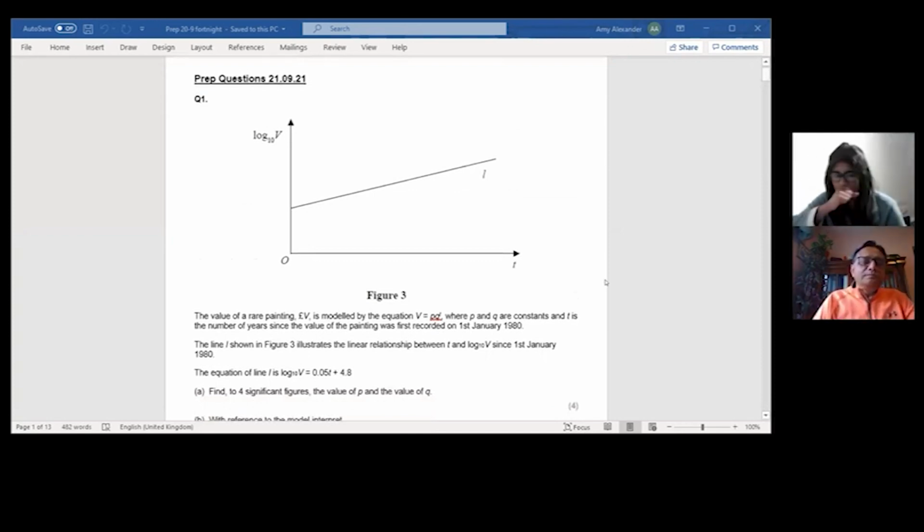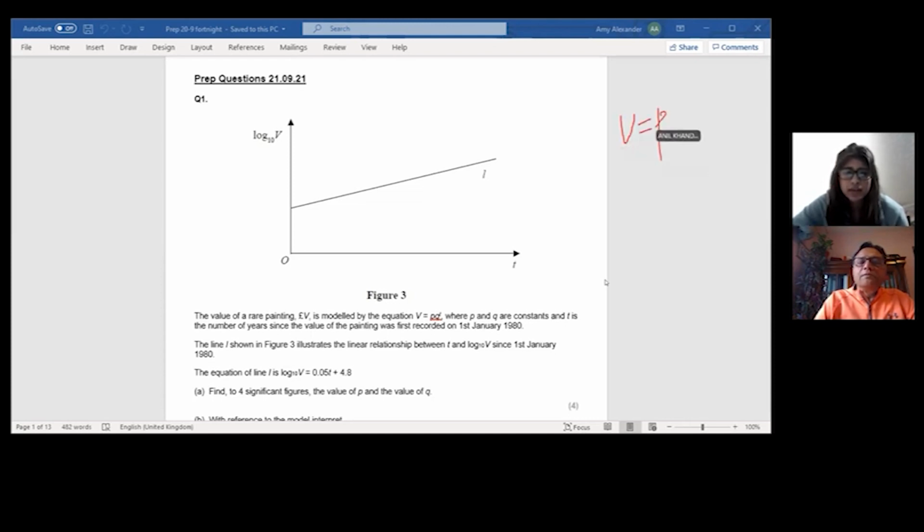So the value of a rare painting, V pounds, is modeled by the equation V equals P Q to the power of T, where P and Q are constants and T is the number of years since the value of the painting was first recorded on the 1st of January 1980.